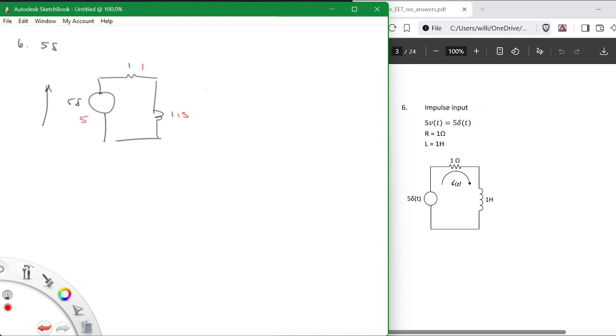So what is our value now? I is equal to 5 divided by 1 plus S, or S plus 1. Can you figure that one out? But the answer is just, this is easy.